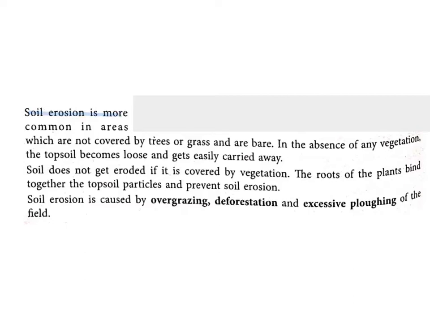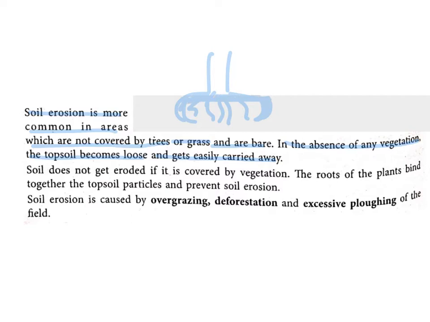Soil erosion is more common in areas which are not covered by trees or grass and are bare. In the absence of any vegetation, the topsoil becomes loose and gets easily carried away. See, children, as the tree or the plant have roots, these roots will anchor the soil, will grab the soil, and will not allow it to go with wind or water.